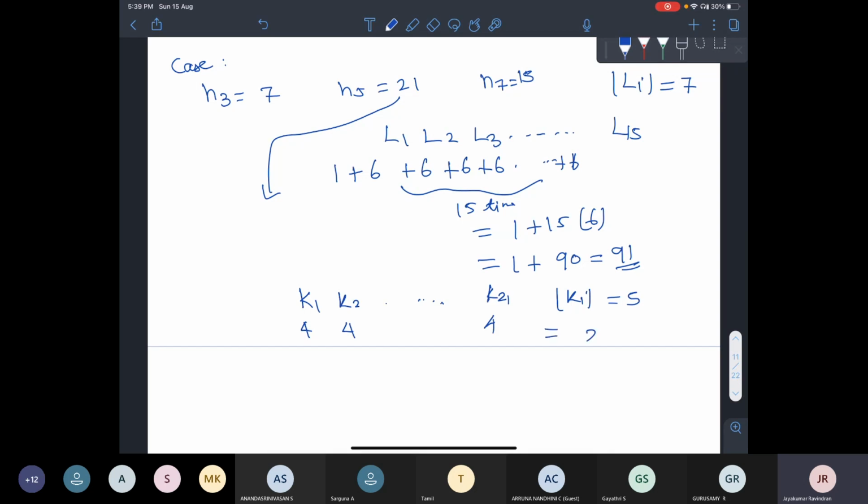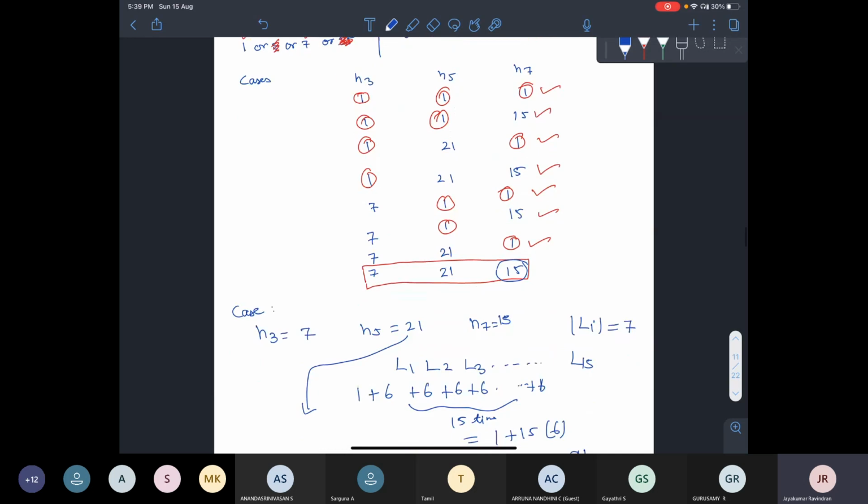This 4 is counted 21 times, so 21 times 4 is 84 elements. If you add this, 91 plus 84 goes beyond 105. So the counting technique says that this case is not possible.